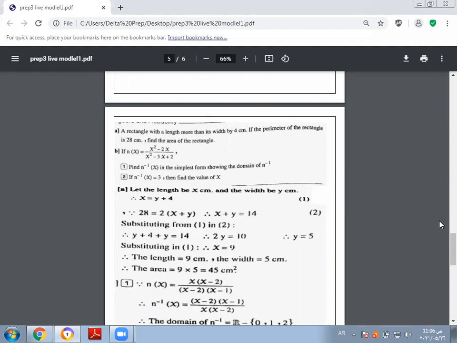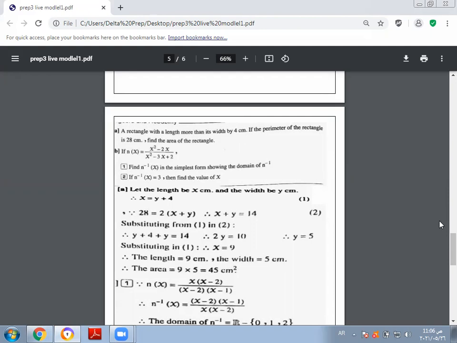Letter B: if n of x equals x power 2 minus 2x over x power 2 minus 3x plus 2, find n power negative 1 of x, the multiplicative inverse of n of x, in the simplest form, showing the domain of the multiplicative inverse. Then, if the multiplicative inverse of n of x equals 3, find the value of x.